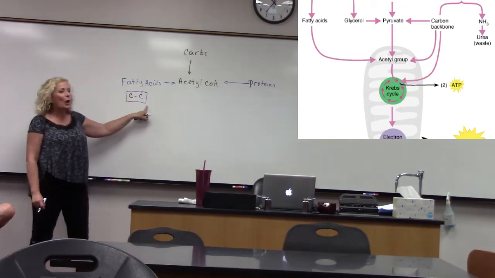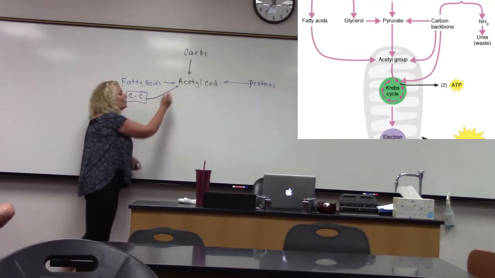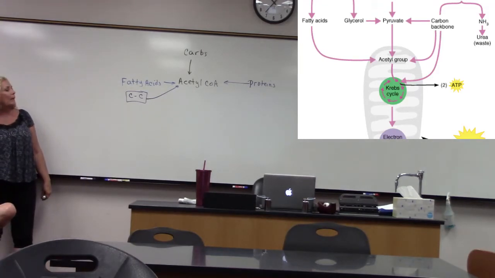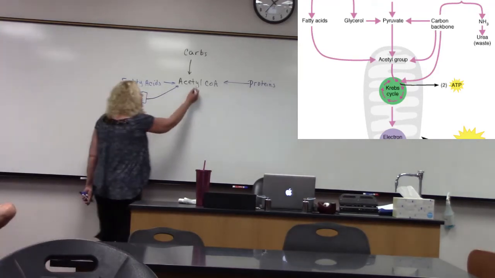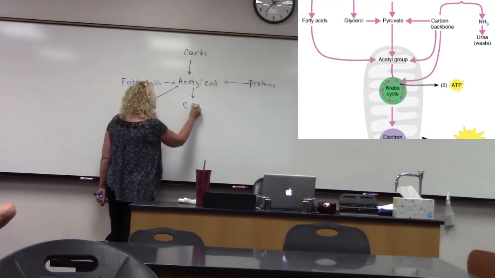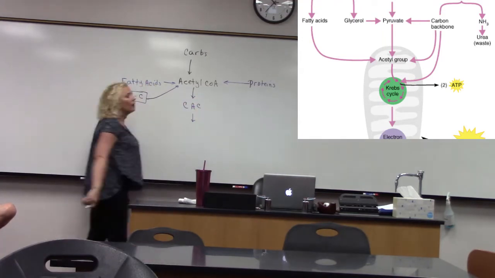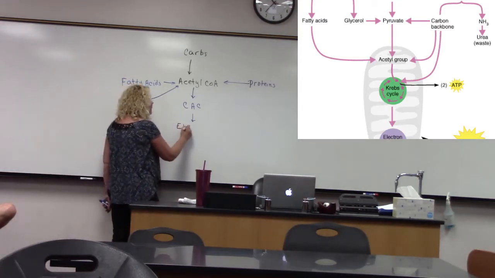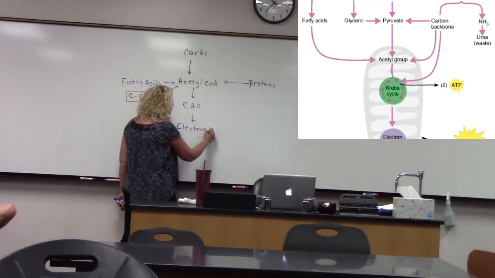So these 2 carbons are actually what we're turning into the acetyl coenzyme A. And then, of course, acetyl coenzyme A is going to go into your citric acid cycle. And then from there, which is what we're going to talk about next, we're going to go into what's called the electron transport chain.